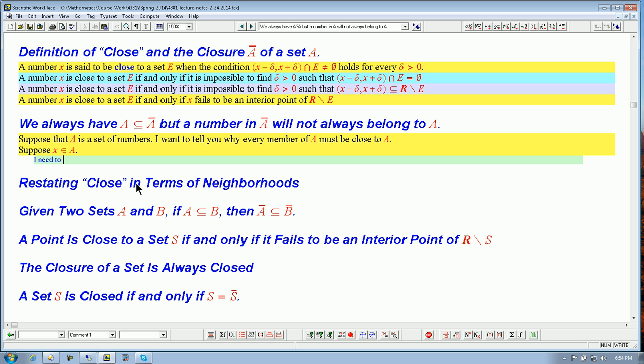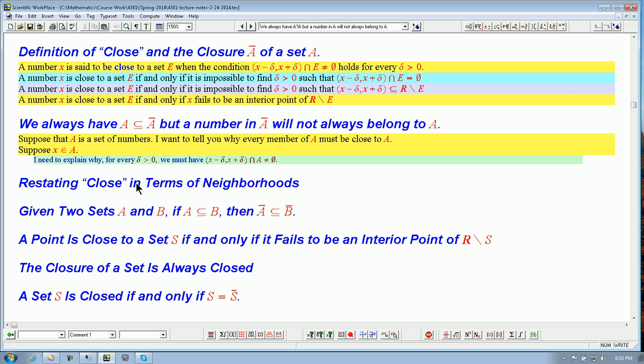I need to explain why for every delta greater than 0, we must have the interval center x radius delta intersected with A not equal to the empty set.